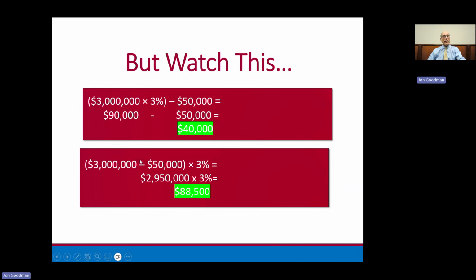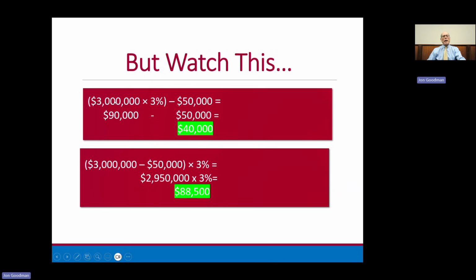So let's subtract $50,000 from the 3 million and then multiply that by the buyer side compensation rate, 3%. So the buyer side broker was expecting to be paid at closing a buyer side compensation of $88,500.